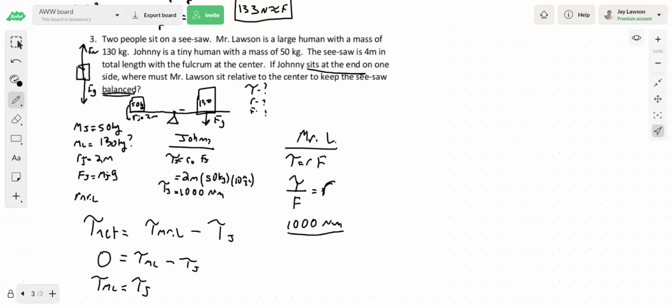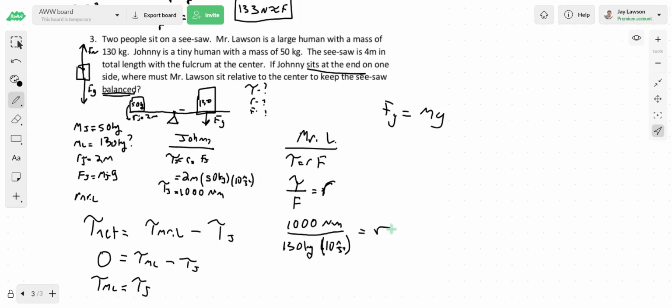So the force of gravity is equal to 130. Now, the force of gravity is equal to mass times gravity, right? So I'm going to take my mass, 130 kilograms, and multiply it by the acceleration due to gravity, which I'm going to round up to 10 meters per second squared.